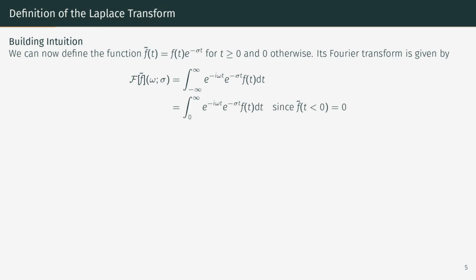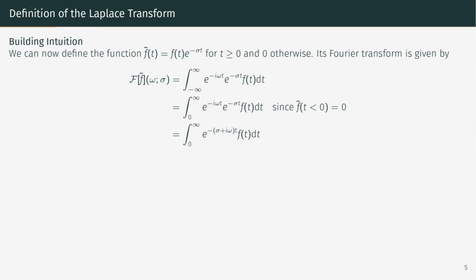We can then see that this equals the integral of e to the negative i omega t times e to the negative sigma t times f of t dt from 0 to infinity, since f tilde of t is 0 for t less than 0.